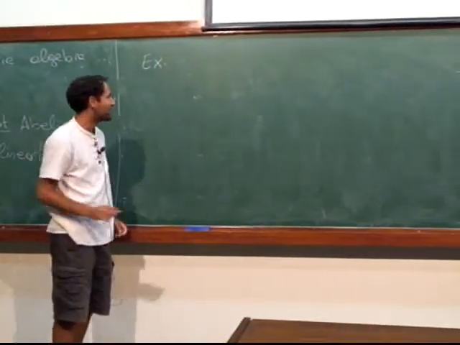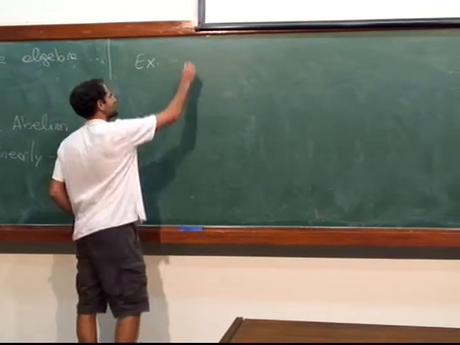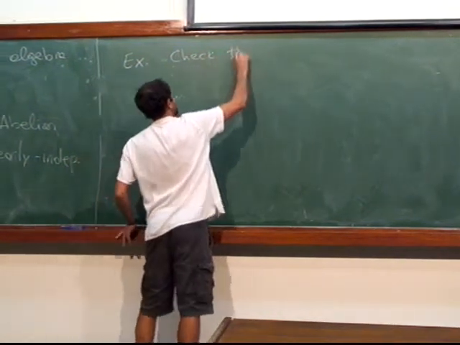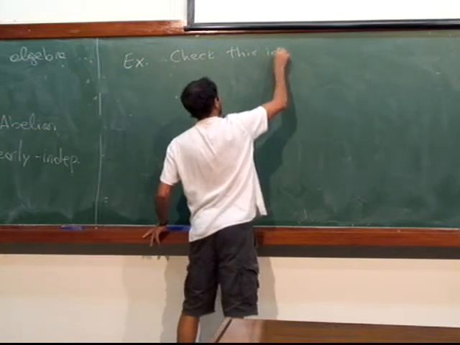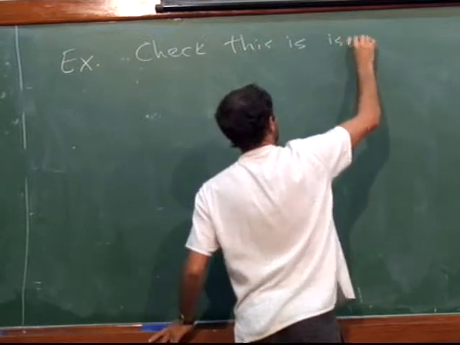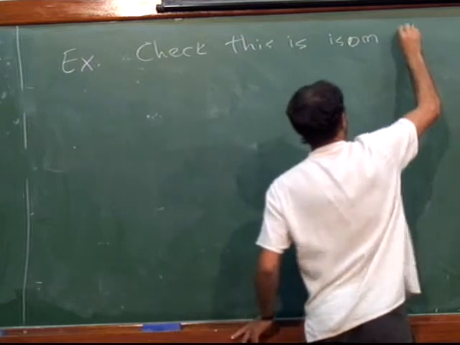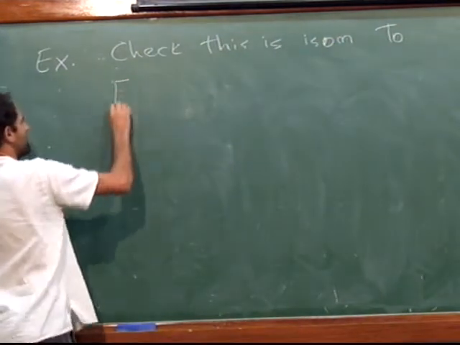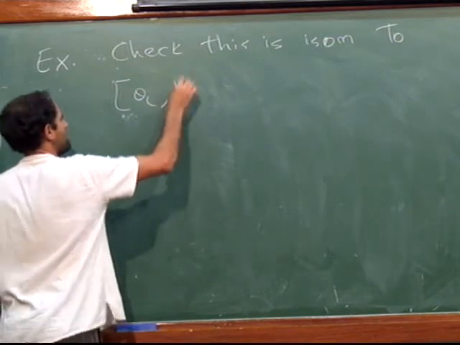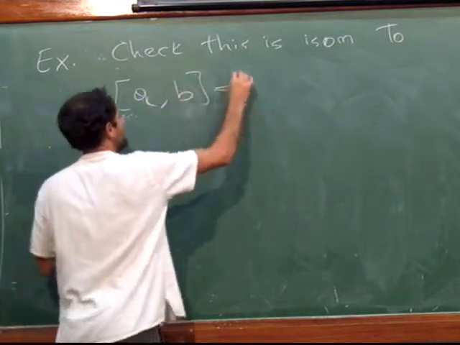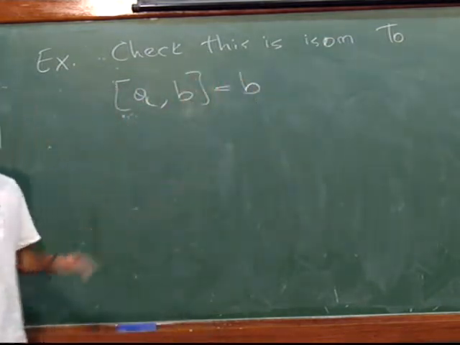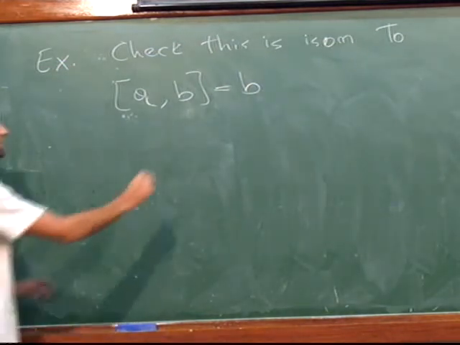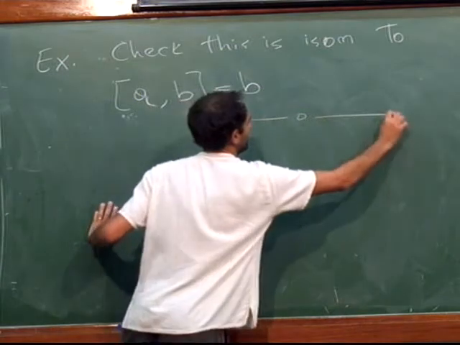I should check my own website, but I think I assigned you as an exercise to check that this is isomorphic: you can rescale A and B so that the bracket of A with B is equal to B. And if I didn't assign you this, then tomorrow I'll prove it.